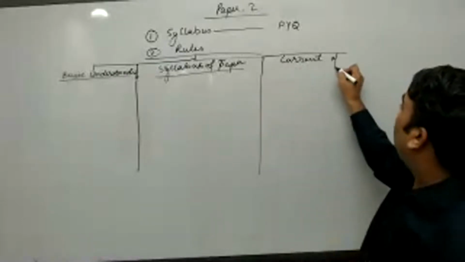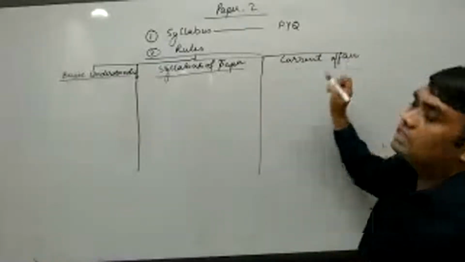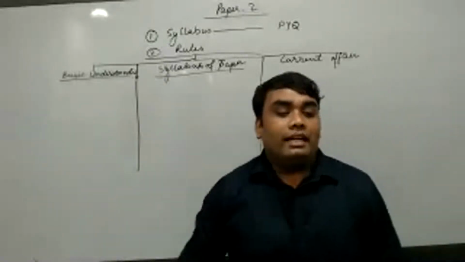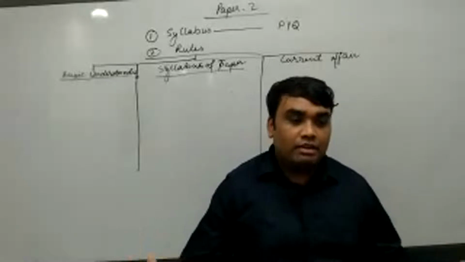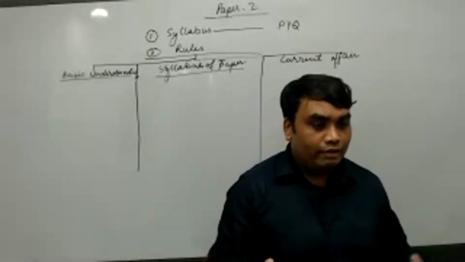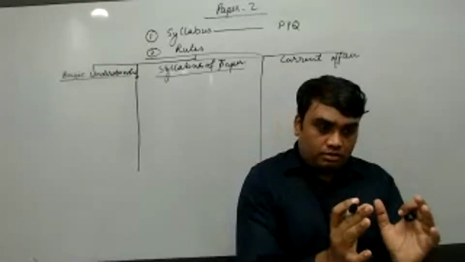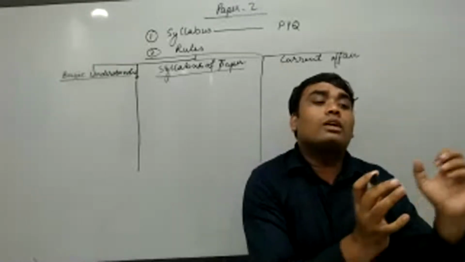So there are current affairs of psychology, just like history and geography. Like you have current affairs of history or whatever in GS papers 1, 2, 3 and 4, similarly in the optional of psychology there are also current affairs.